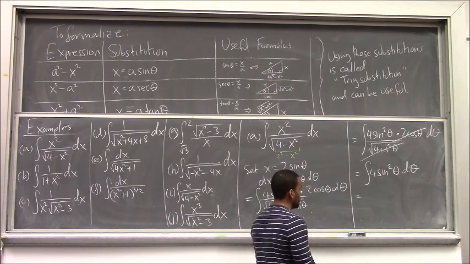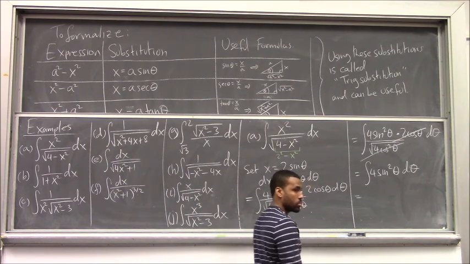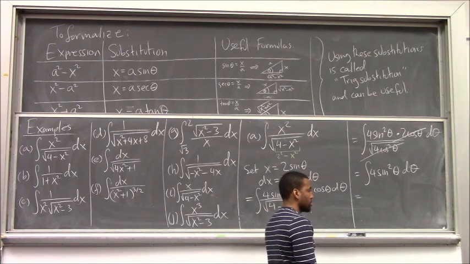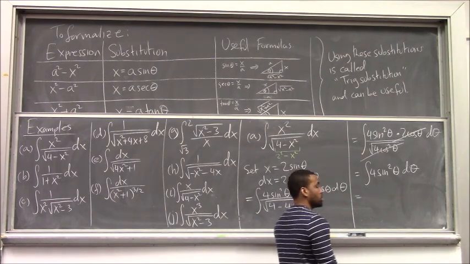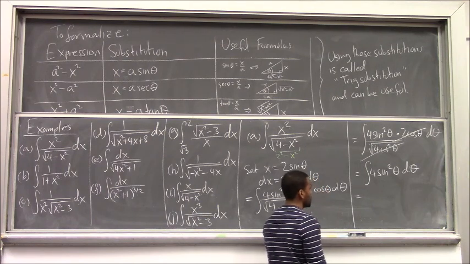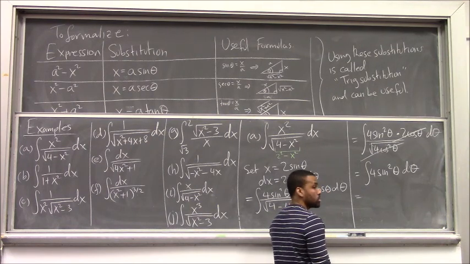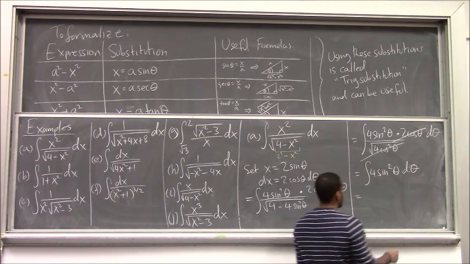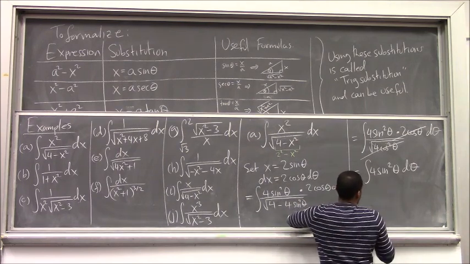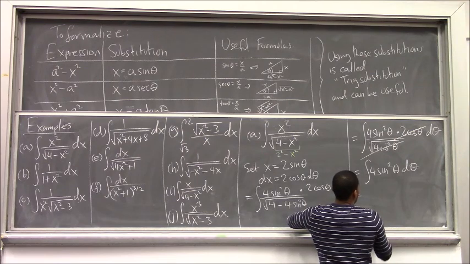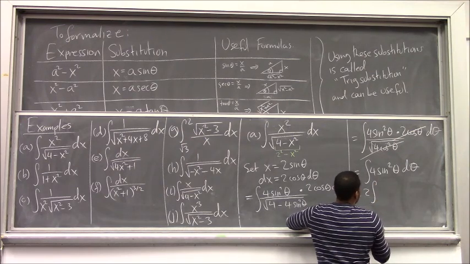4 sine squared. Double angle formula. What's that going to look like? Applying the double angle formula to this is going to be 4 cosine theta, sine theta, d theta.